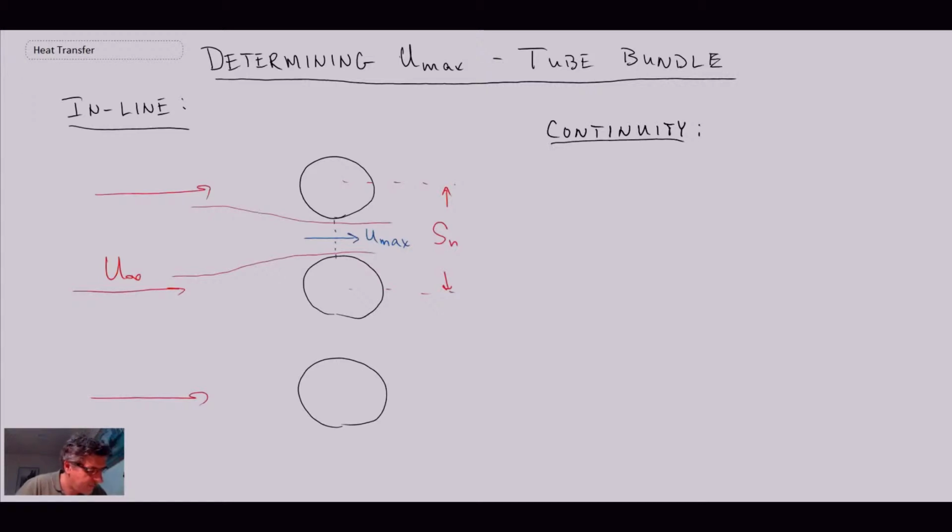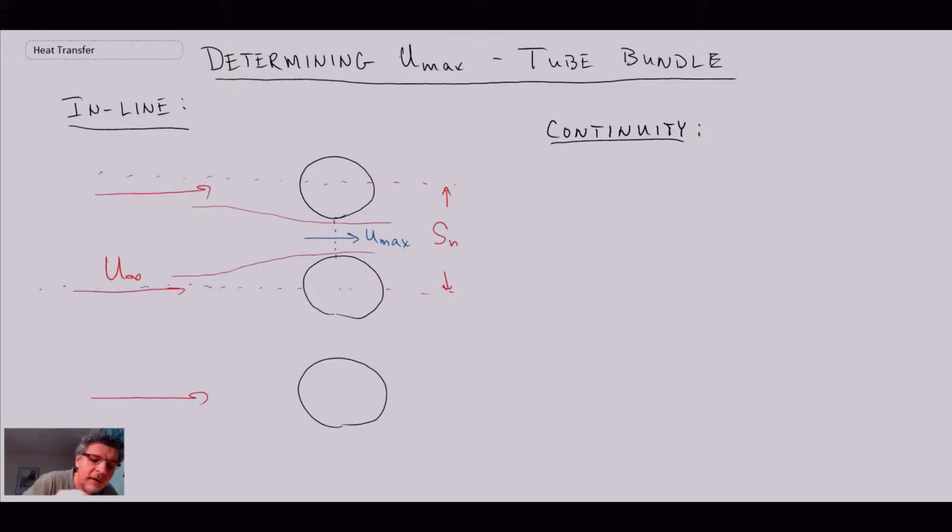So if you recall from your fluid mechanics courses, continuity, here we would look at the mass flow coming in. And what I'm going to do is look at a section of flow that extends out in this direction.